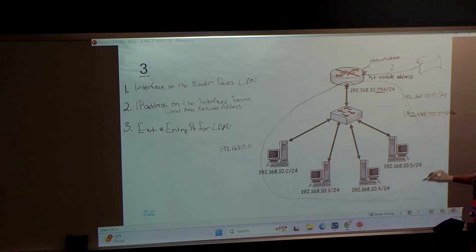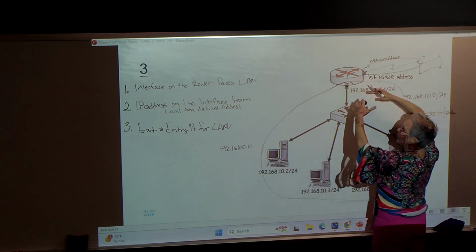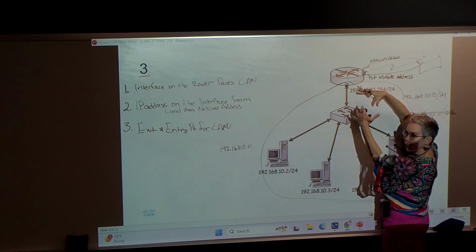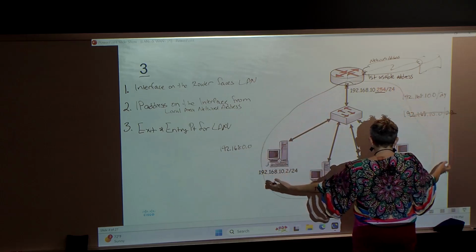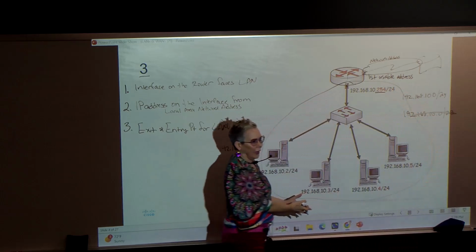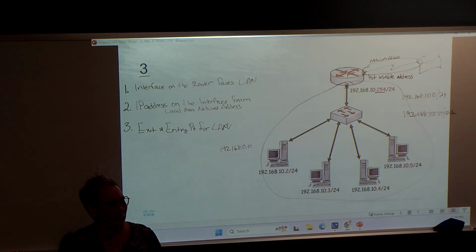This whole LAN, yeah. So the default gateway is more or less the starting point. This designates that anything here is part of the broadcast domain. Anything there is part of the broadcast domain.